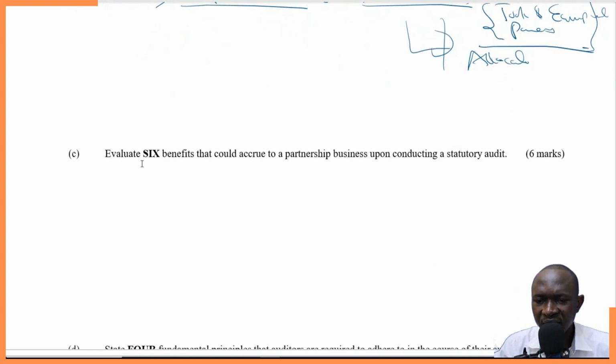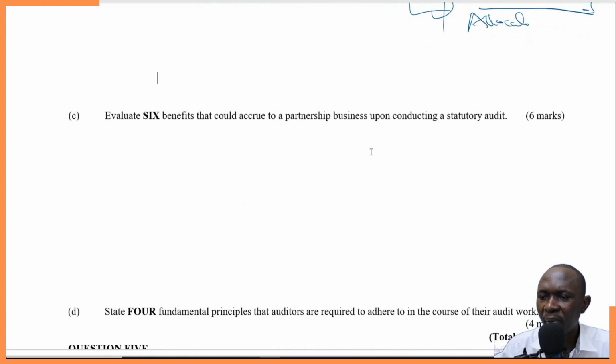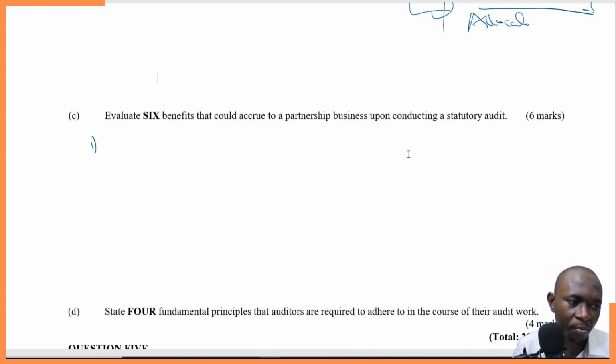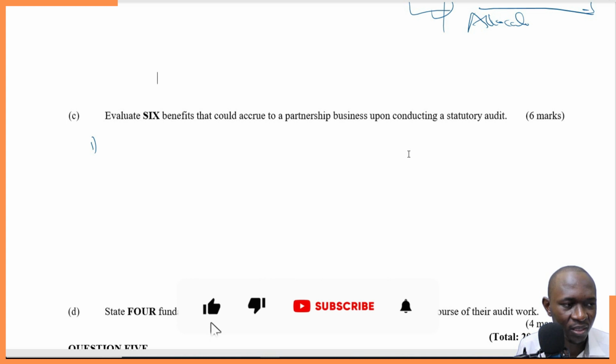Then evaluate 6 benefits that could accrue to a partnership upon conducting a statutory audit. There are actually a number of benefits when you conduct a statutory audit, but let's stick to partners, because they will get a lot more than just the statutory audit.